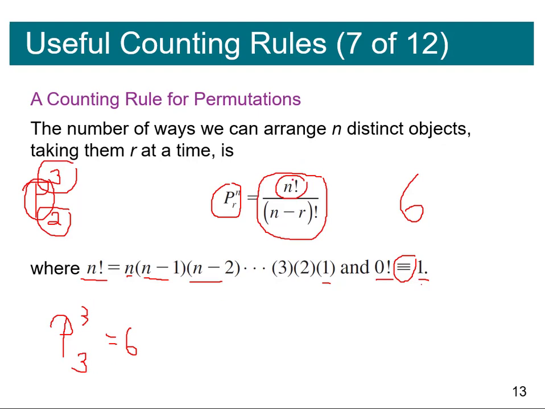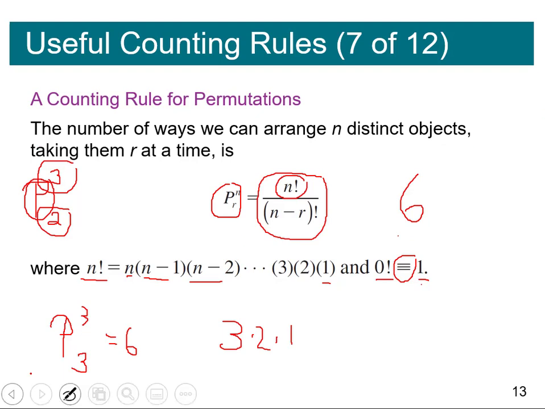If we put those in here, we get 3 factorial on the top, and on the bottom, we get 3 minus 3 factorial, which is 0 factorial, but that's defined to be 1. So we get 3 factorial on the top, and 3 factorial is 3 times 2 times 1, so it seems to work. We did get 6. So this formula seems to work at least in this one case.